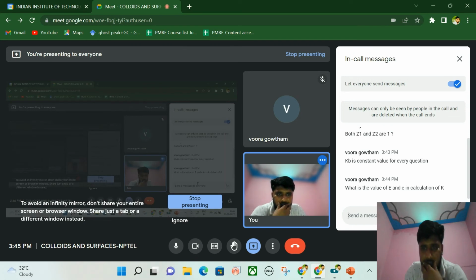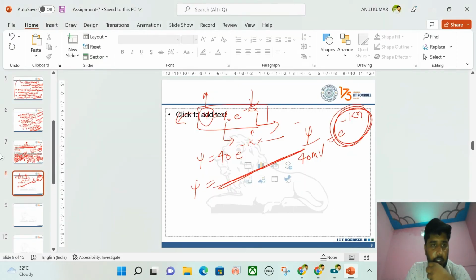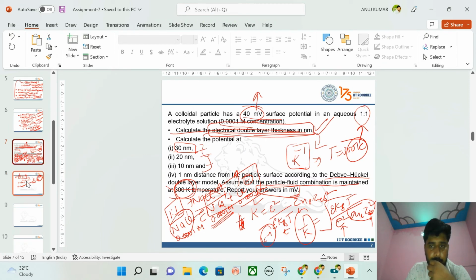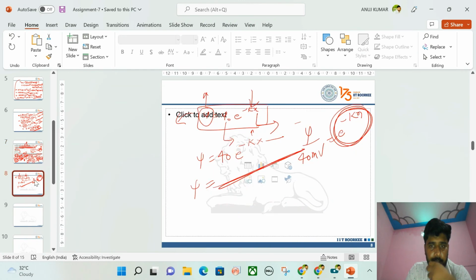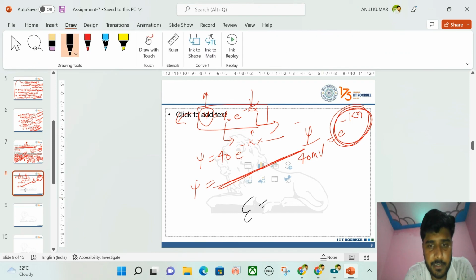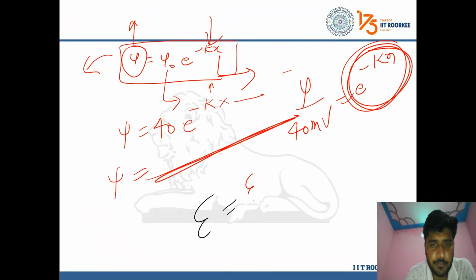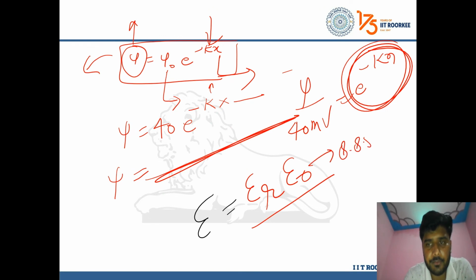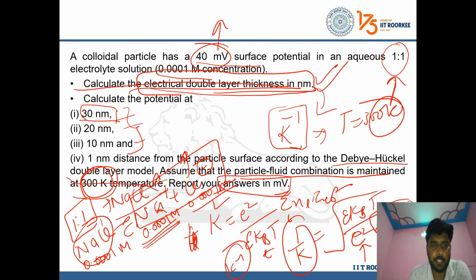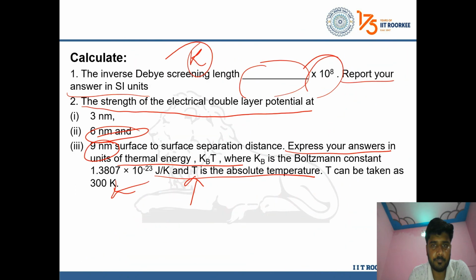What is the value of epsilon and e in the calculation of kappa? The epsilon value will be epsilon r times epsilon naught. The permittivity is given to you, and for the relative value you have to use 74.5.